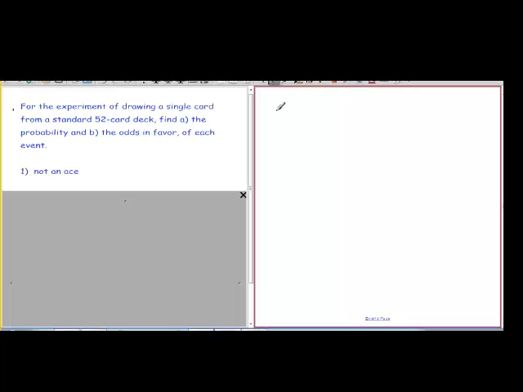So I'm going to put this on a new page here. So the probability of not an ace is equal to 1 minus the probability of picking an ace. So the probability of picking an ace is the number of aces in a pack of cards, which is 4, divided by the total number of cards, which is 52.